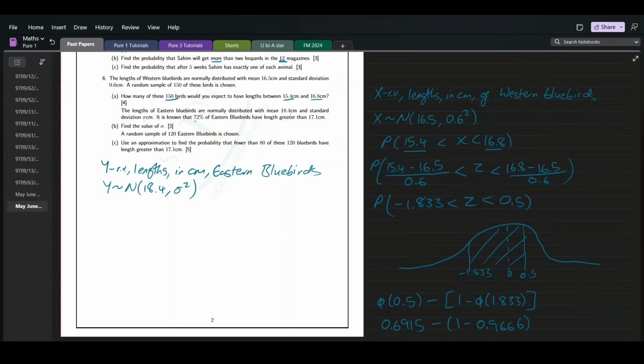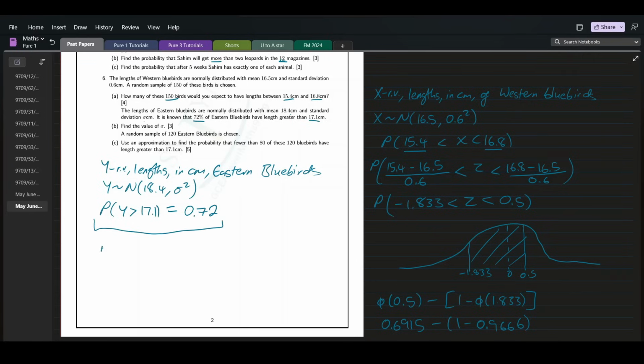We are given that 72% of these bluebirds have a length greater than 17.1. So the probability that y is greater than 17.1 is equal to 72%. So we're going to write that as 0.72. So we have to use this information that we have over here to get sigma.